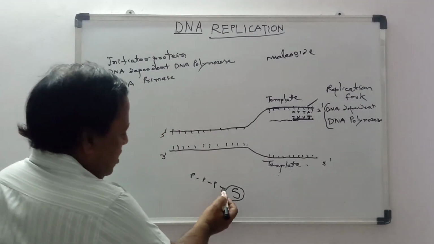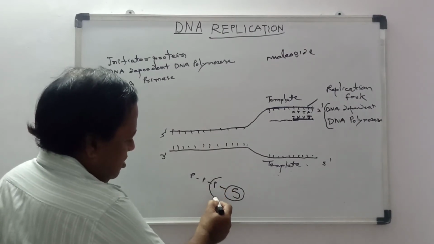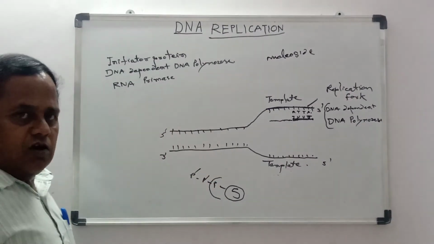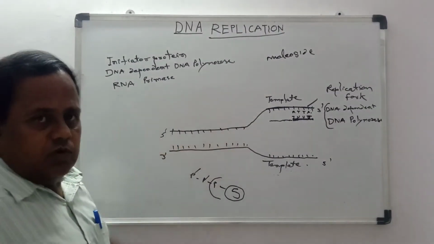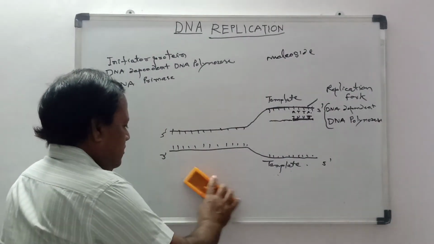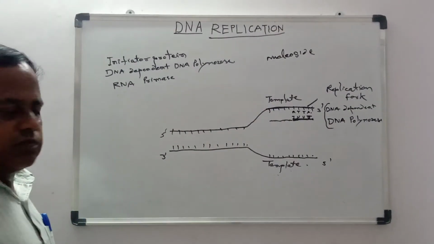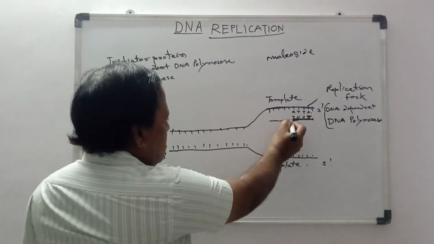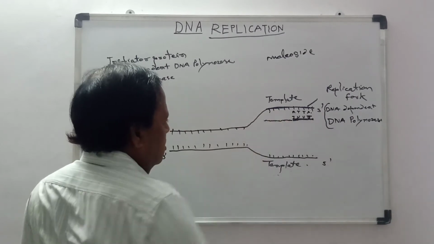When the DNA dependent DNA polymerase attaches over here, then these two phosphate groups are lost, producing a lot of energy. So this energy is used for the process of replication. So previously the nucleotides are available as triphosphate and then they become monophosphate. So these nucleosides are attached here up to this portion.